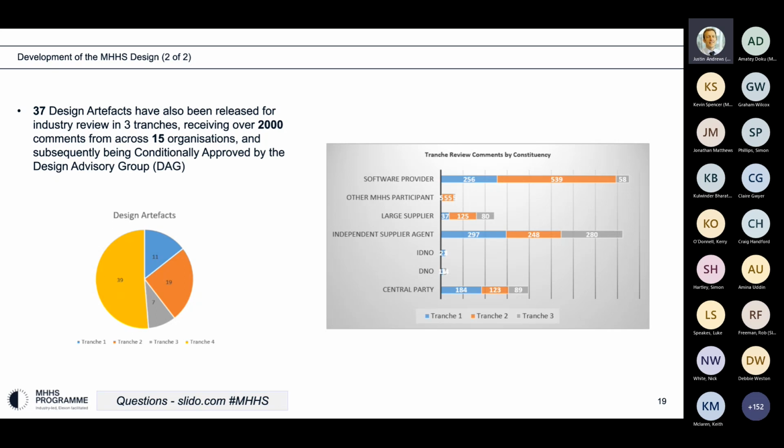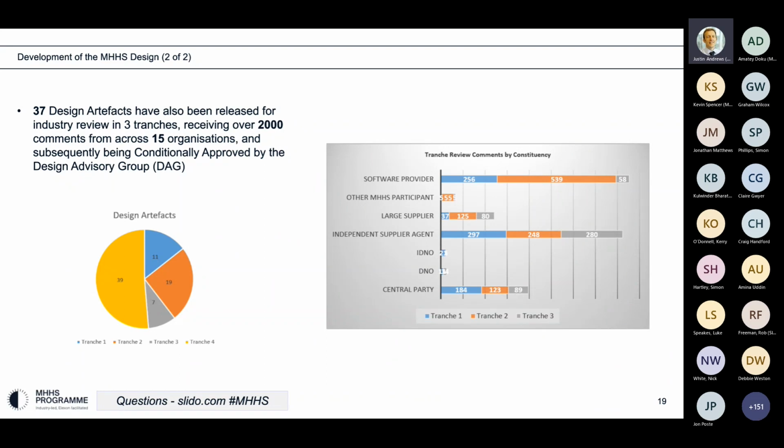They have been reviewed and approved. What we've had there is conditional approval by the DAG. So if there are any DAG members on the call, thank you very much for your input and approval, or conditional approval.